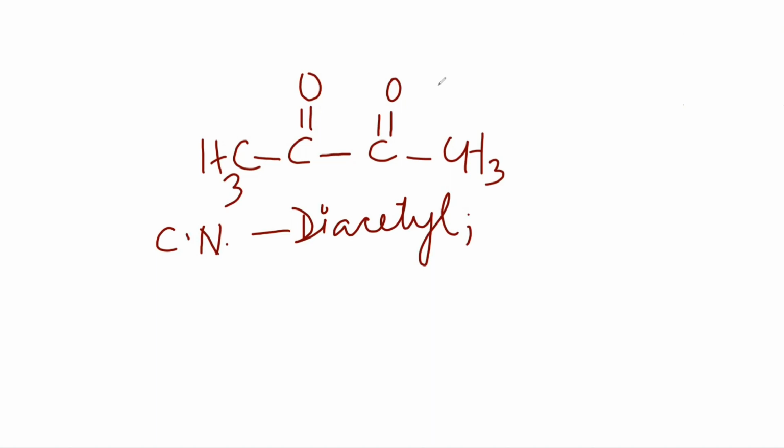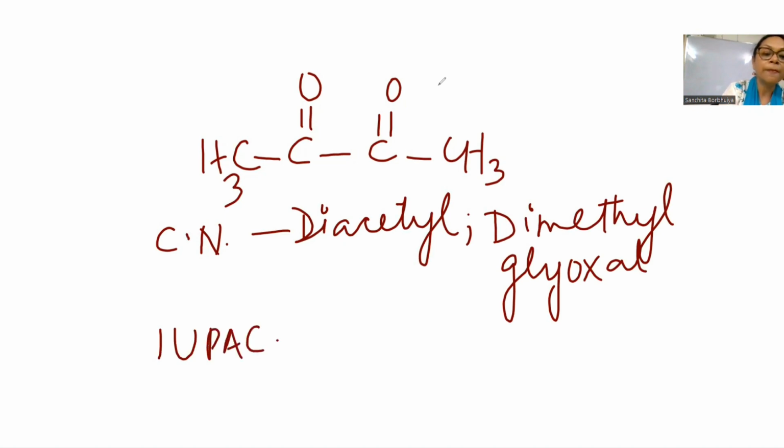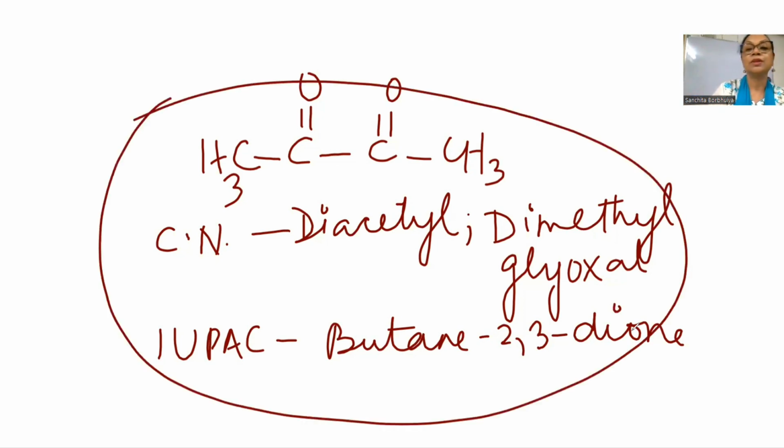And this is called dimethyl glyoxal. It's called dimethyl glyoxal. And its IUPAC name is butane-2,3-dione, right? It is a metabolite which is produced during the malolactic fermentation. Yes, I mean to say this compound.